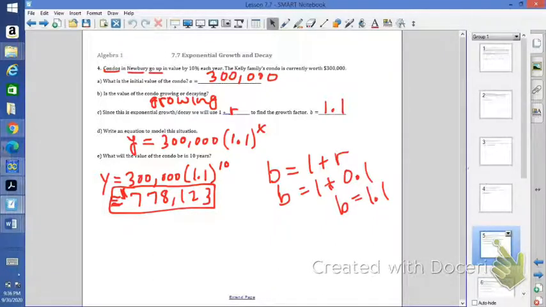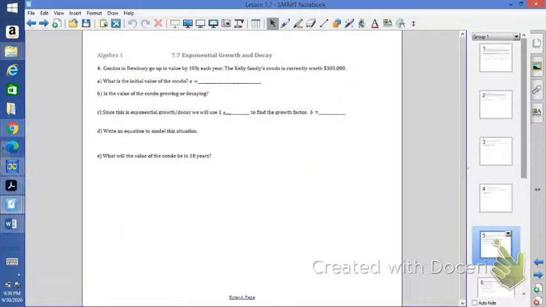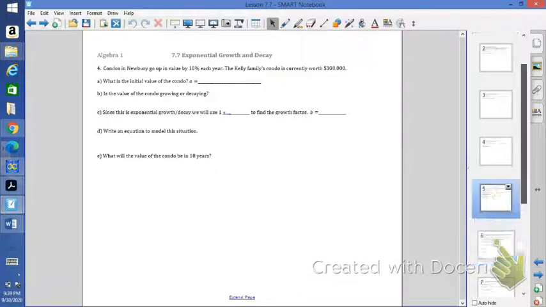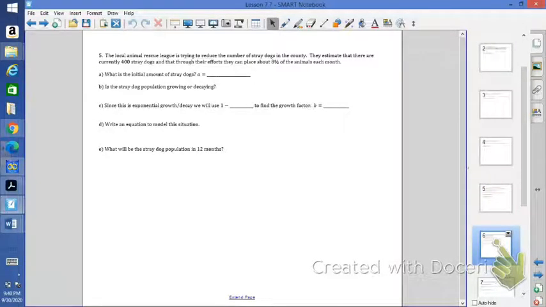Alright, let's go and do one more. The local animal rescue league is trying to reduce the number of stray dogs in the county. They estimate that there are currently 400 stray dogs, and that through their efforts they can place about 8% of the animals each month.